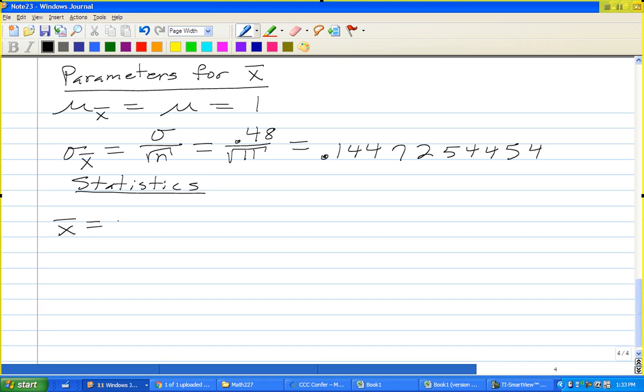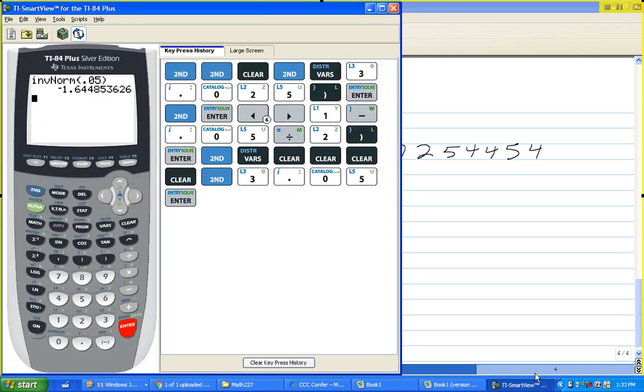Let's actually go out and determine my statistics. So the mean is equal to sum over n. Well, I've got a TI-83, so let's plug that in.